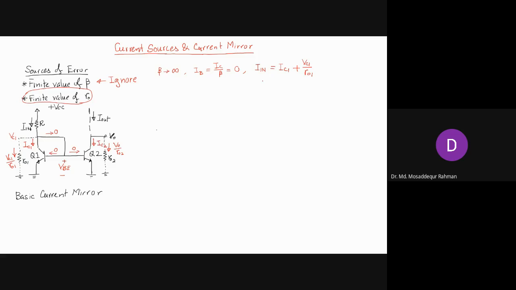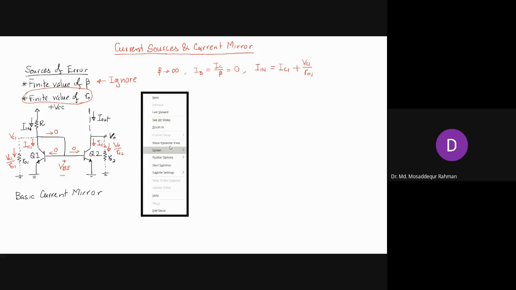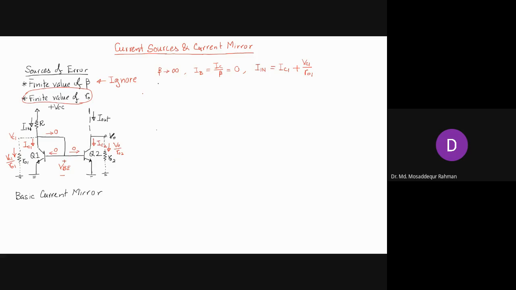Similarly, from the output side, the output current I out is IC2 plus V naught divided by R02.